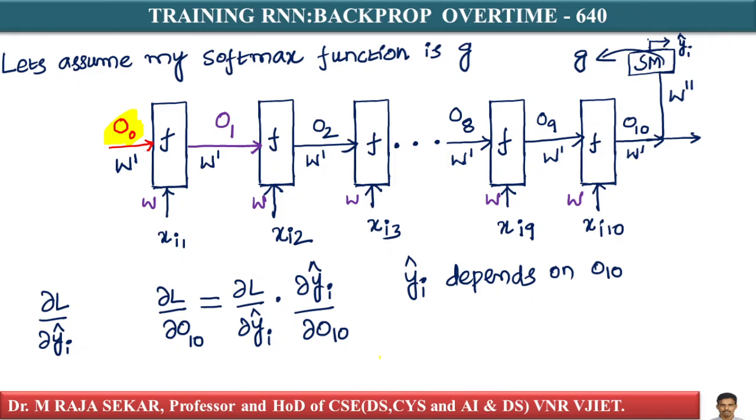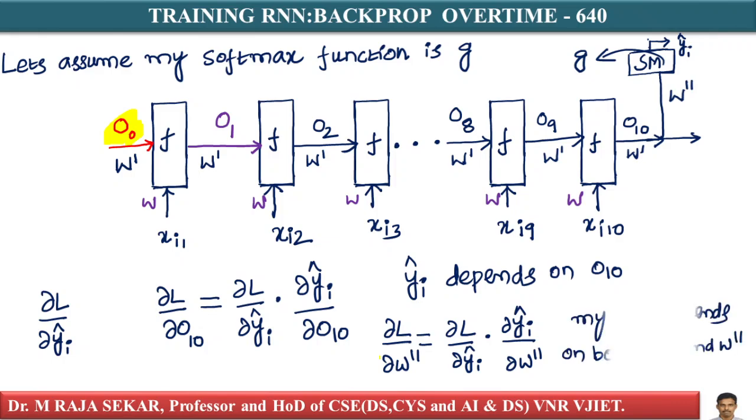Just try to recall what we discussed in the backward propagation algorithm a few lectures back. We discussed it in the context of multi-layer perceptrons, isn't it? I wanted to modify W double dash. Dou L by dou W double dash is essentially dou L by dou yi cap and dou yi cap by dou W double dash.